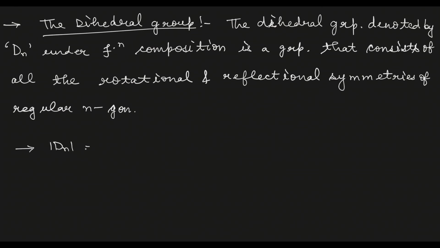Order of Dn is 2n. It will have n rotations and n reflections.